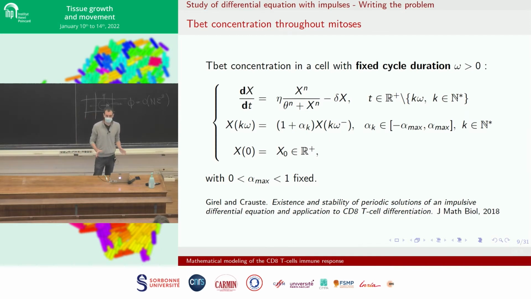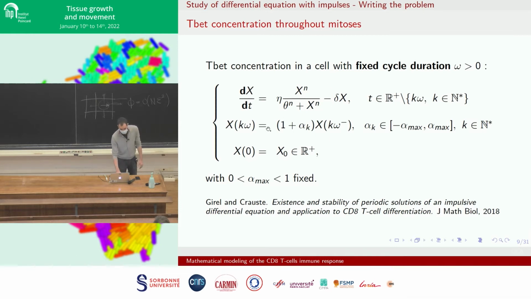Now we consider one cell that is dividing periodically. So the cell cycle length is supposed to be of fixed length that we denote by omega. Between two divisions, the concentration of T-beta evolves according to the bistable equation.